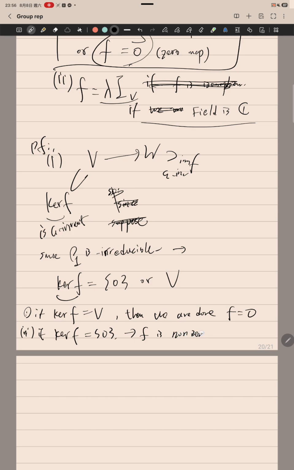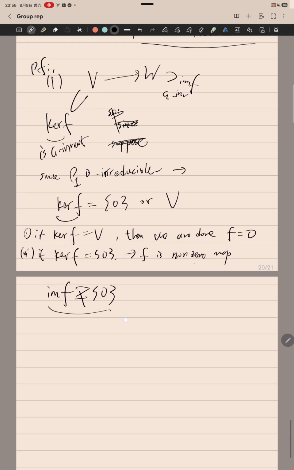F must map some non-zero vector to some non-zero vector, and the kernel is just 0. So in this case the image of f is definitely not 0, because the only vector mapped to 0 is the zero vector.